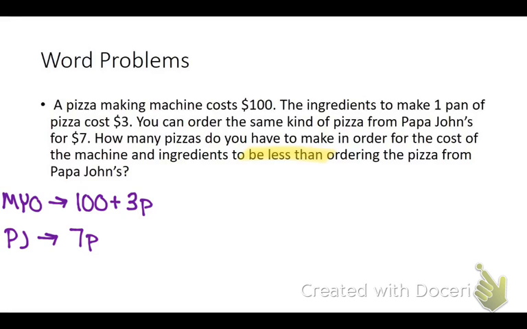I want the make your own to actually cost me less money. So 100 plus 3p needs to be greater than 7p or less than 7p? Less than 7p. To make my own, I want it to be less than ordering from Papa John's. Less than. All right, now solve your inequality.